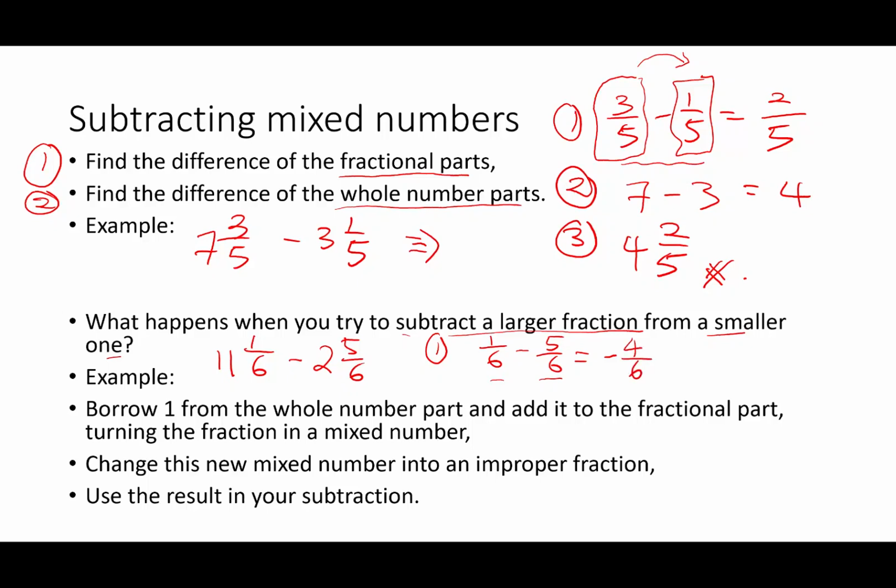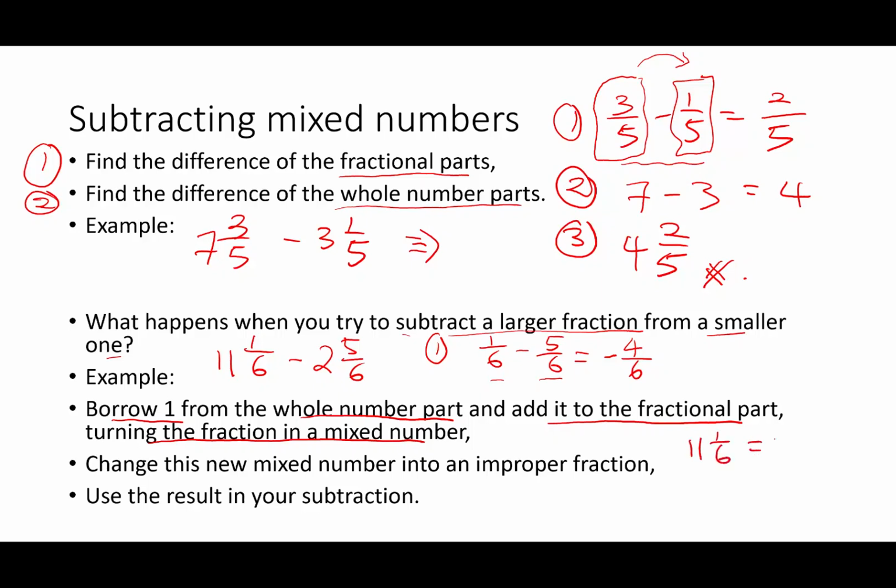Now usually we do not want a negative number, so what we can do here is borrow 1 from the whole number part and add it to the fractional part, and by doing that we will turn the fraction into a mixed number. So let's have a look at what we mean by these steps here. 11 1 over 6.